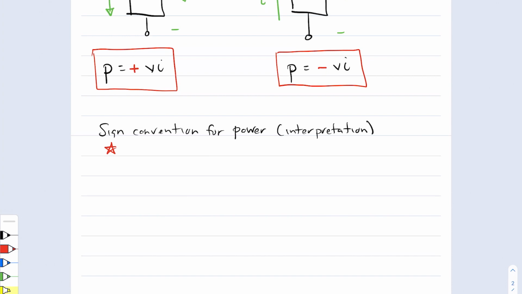So these signs must be interpreted by the end of any calculation. Later on, we'll go through an example to show precisely that.